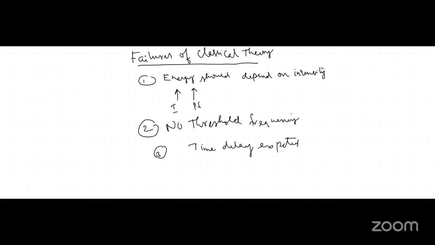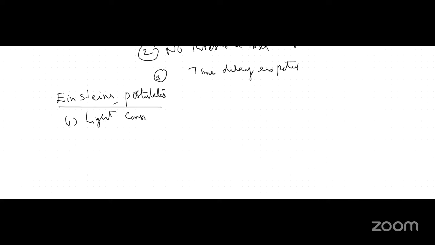Now let us look at Einstein's postulates, which he gave to explain the photoelectric effect based on Max Planck's theory. The first postulate is that light consists of photons.